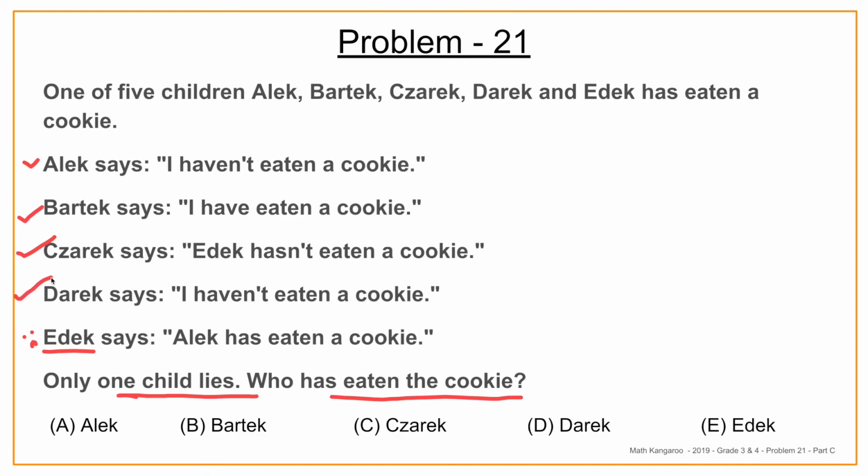And Edek says Alex has eaten a cookie, that is false. So here, who is lying? It's Edek who is lying, and the rest are true. And this is our answer, option B, Bartek, I have eaten a cookie.